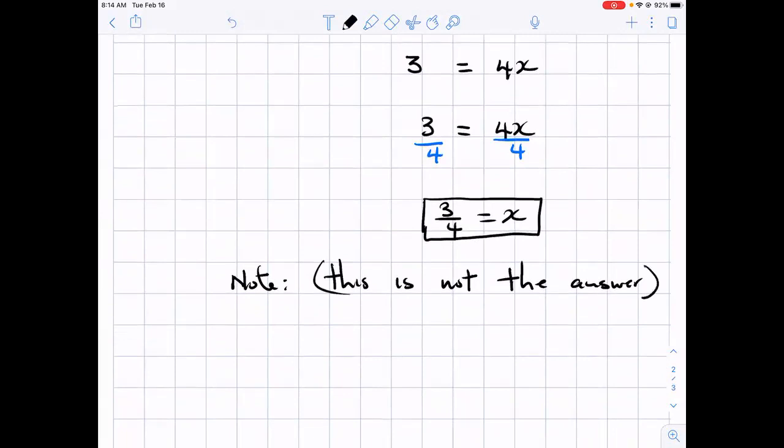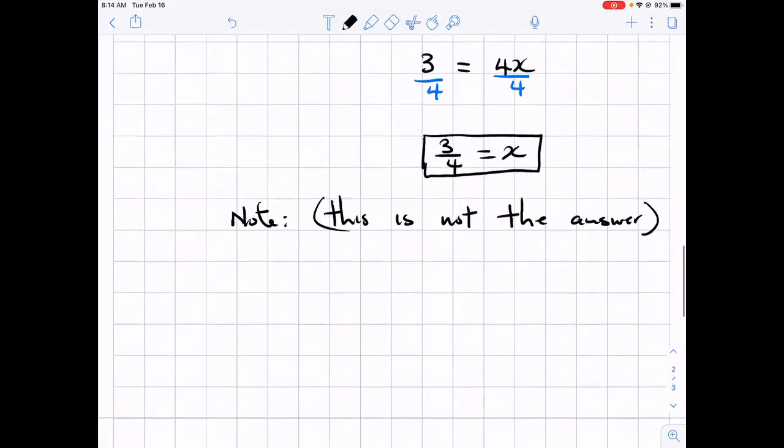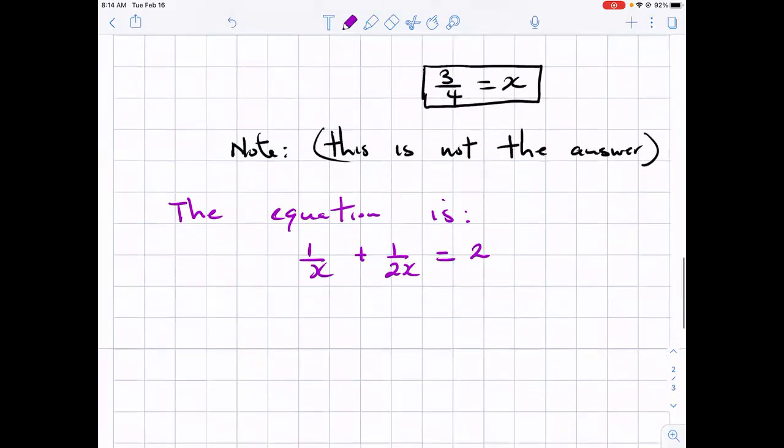So remember, our equation is 1 over x plus 1 over 2x is equal to 2. This is our value of x.